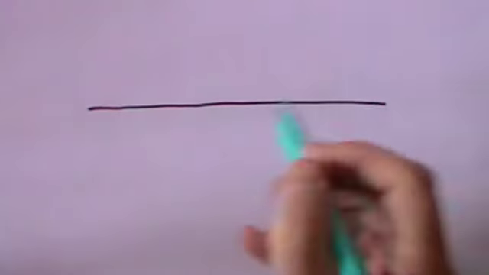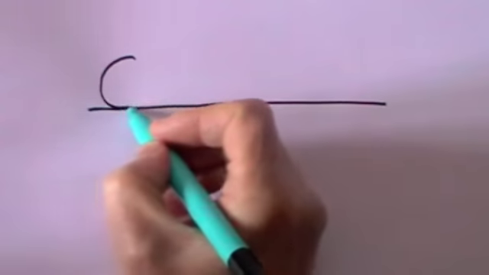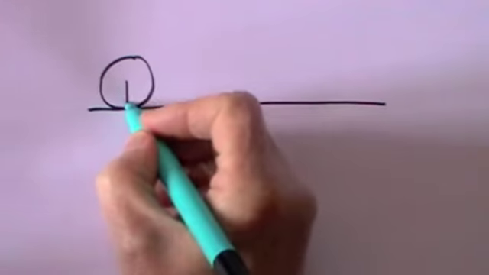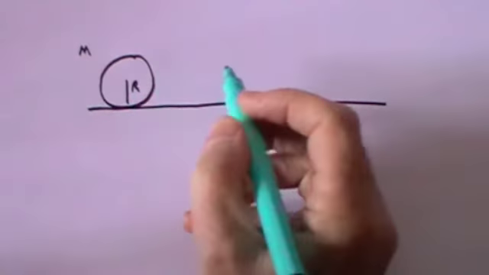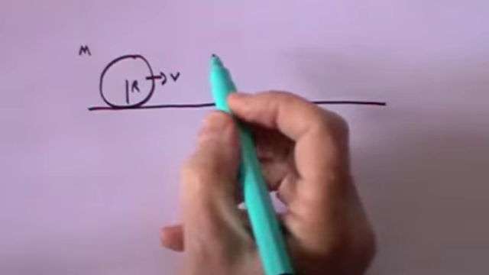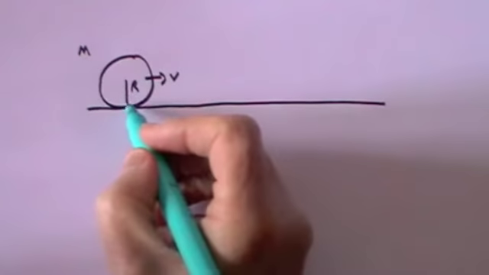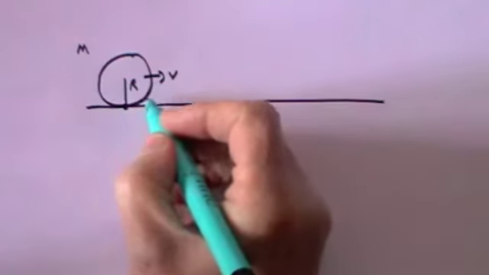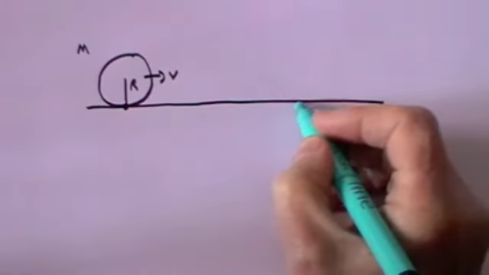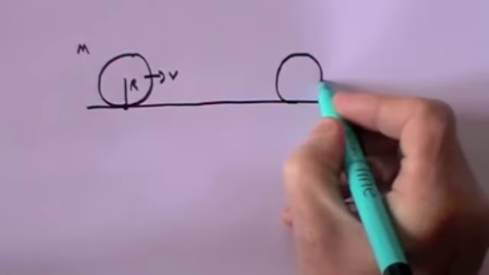So let's think about that wheel rolling along the ground. Here is the wheel. It is mass m and radius r, and it is travelling at velocity v, and I'm going to let it do one complete circle. So when this point on the ground goes all the way around and comes back on the ground again, the wheel will then be over here.